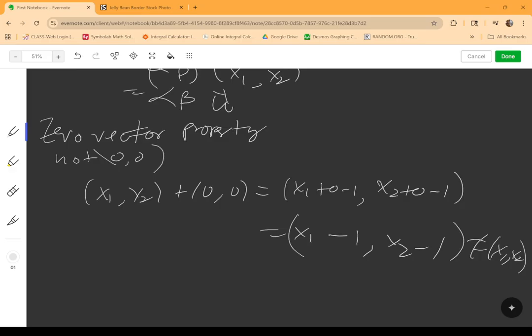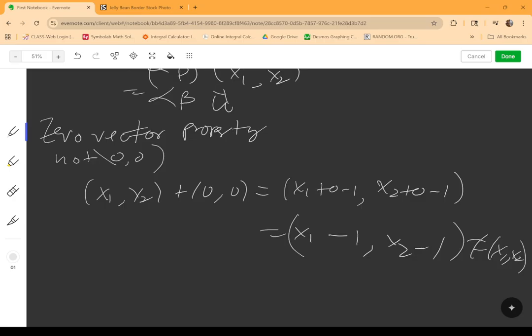It says that there is a zero vector that has the property where when you add it to a vector, you get back that same vector here. Now, this doesn't work with our choice of what we naturally think the natural zero vector to be, right?